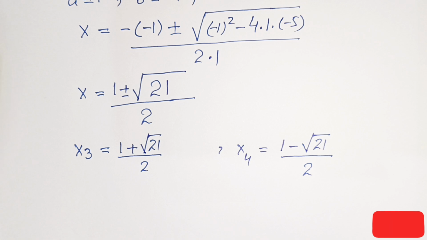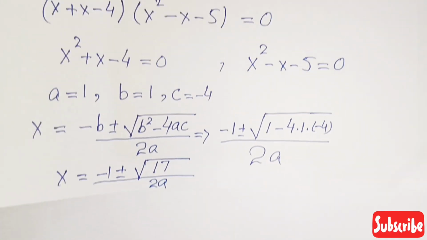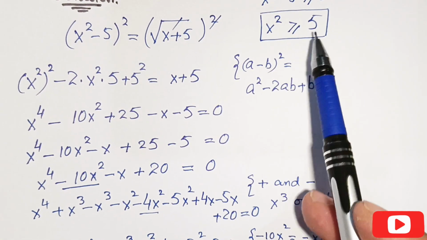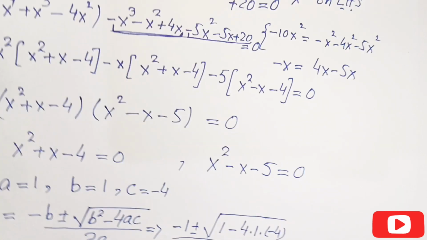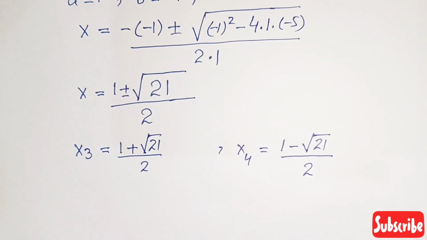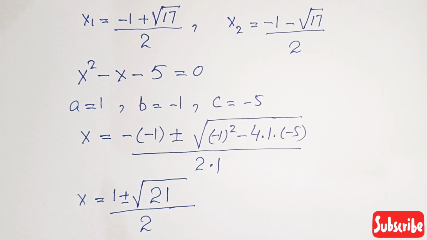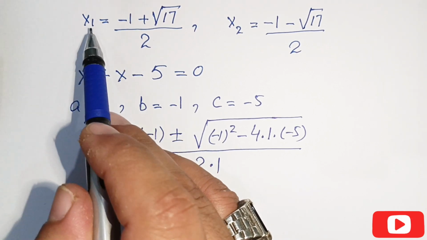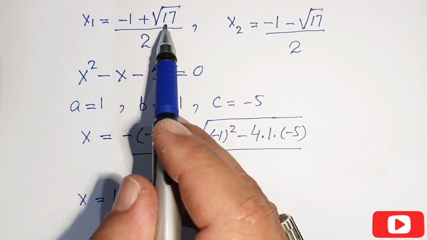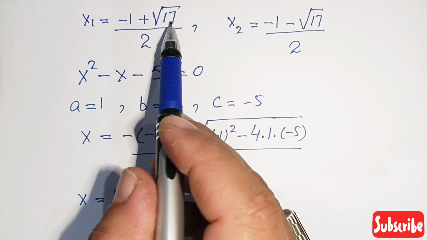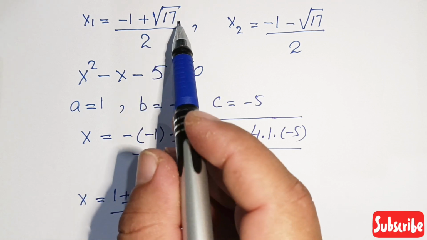Now we have to just check our condition here. So we have four possible solutions, but our condition is x squared is greater than or equal to 5. Now using our first value of x, which is x1, that is minus 1 plus square root of 17, and as we know the square root of 17 is almost equal to 4.